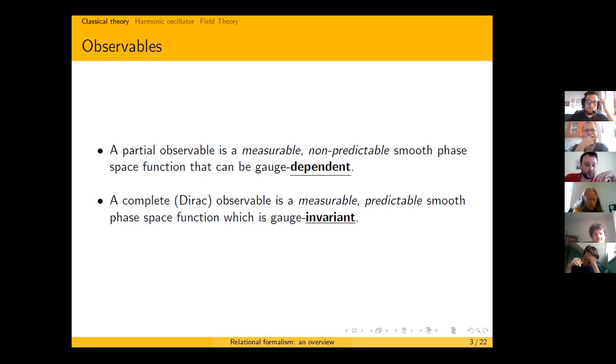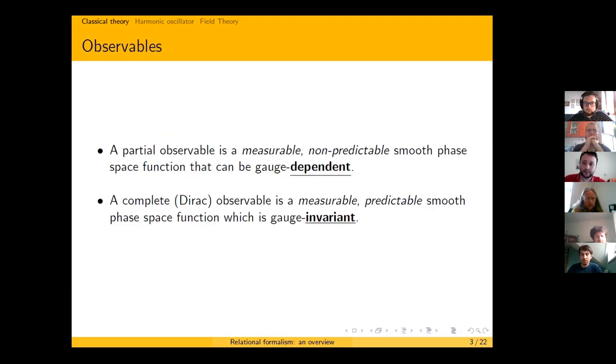In order to get what we call a complete observable, which is again a smooth phase space function, but is both measurable and predictable. Predictable because it is invariant under any gauge transformation, which in the Hamiltonian formulation is given by the constraints that we have. So the point is to relate two partial observables in such a way that we get a complete observable, which is a physical observable. This is what it means.